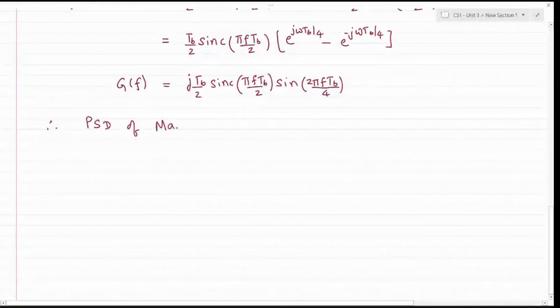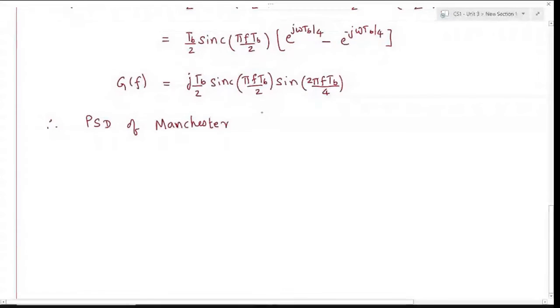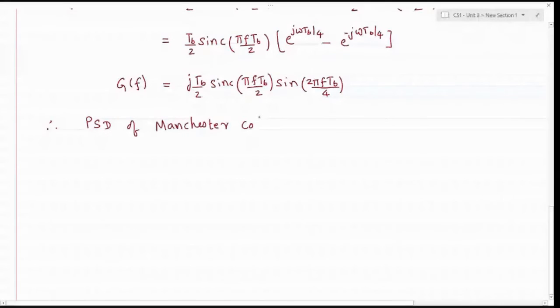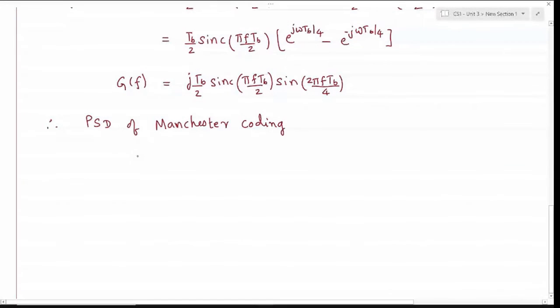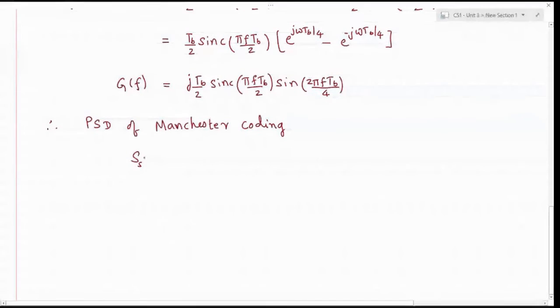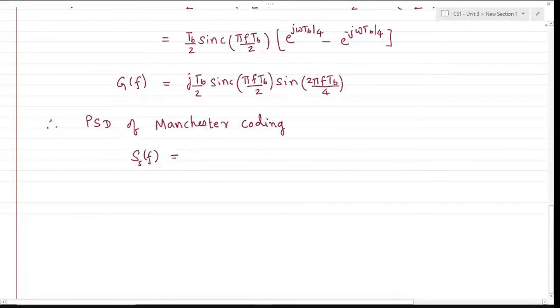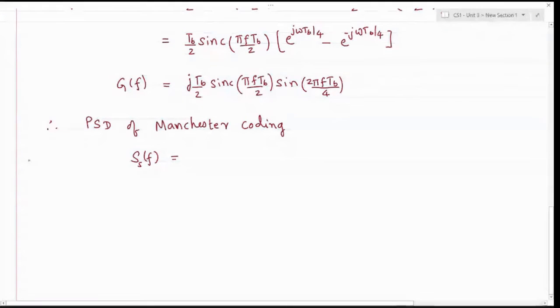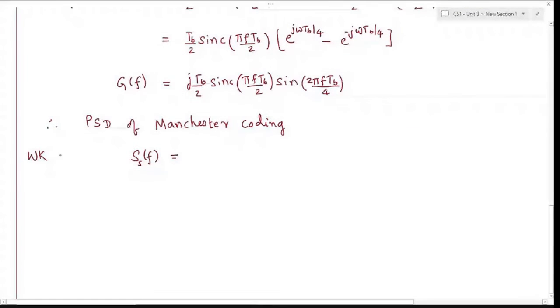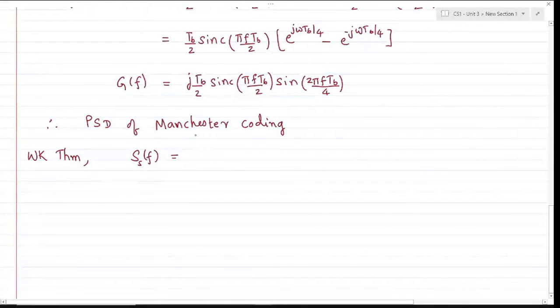The PSD of the Manchester NRZ, I can say Manchester coding scheme, is S_s of f, which is nothing but, using the discrete form of the Wiener-Khinchin theorem, the magnitude of this whole square over Tb.